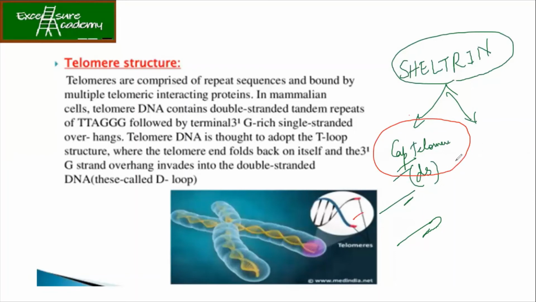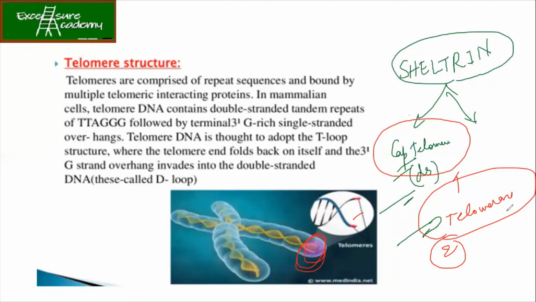Second is, in the case of stem cells, embryonic or hematopoietic stem cells, it is recruiting the telomerase. This is its second function. First, in the somatic cells, it is going to cap the ends of the telomeres. Second function is to recruit the telomerase. Do you understand the difference?